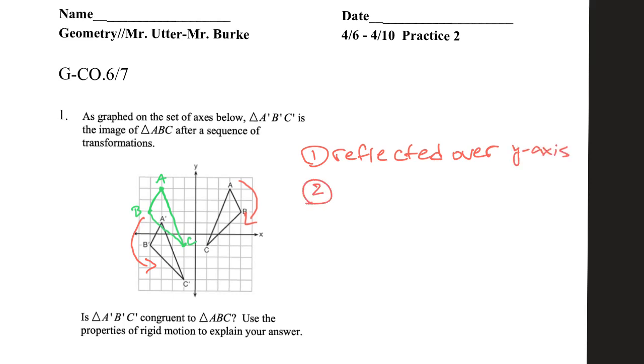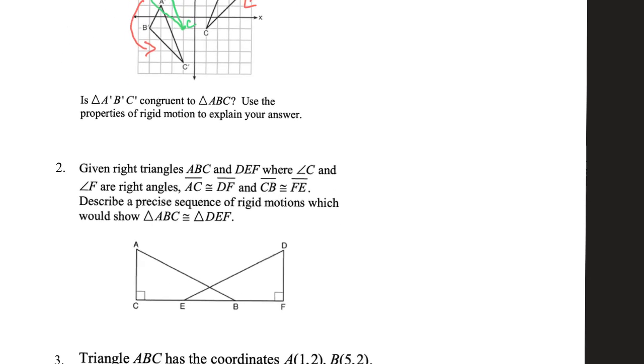And then the second thing that I did was I translated down. And again, writing issues. I translated down 3. All right, that's it for number 1.